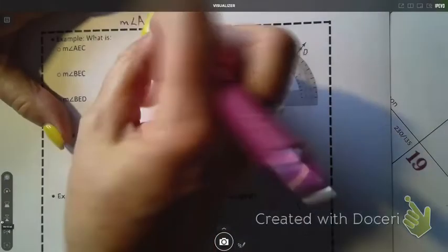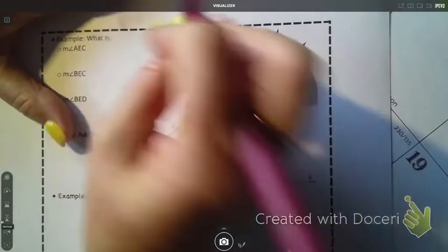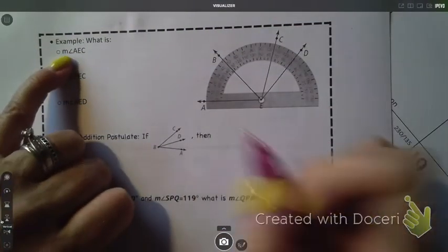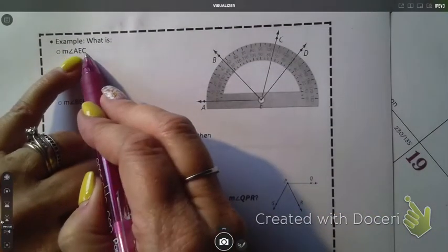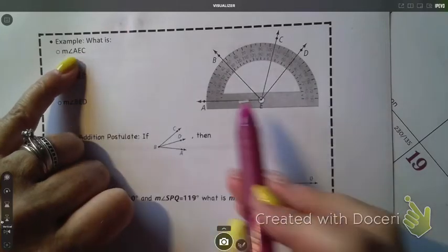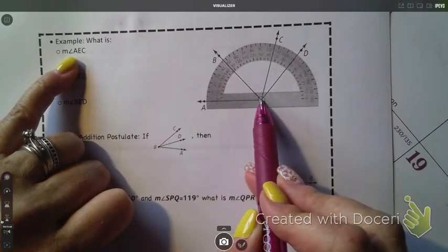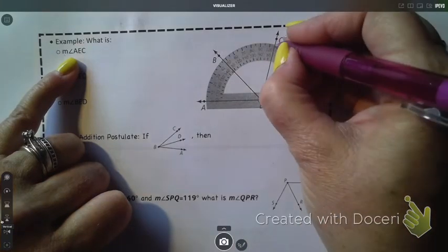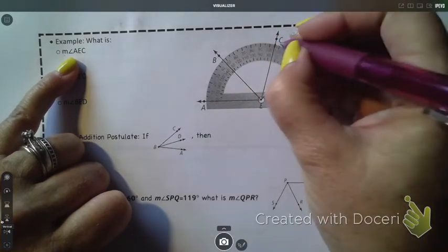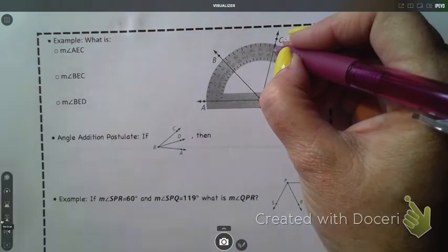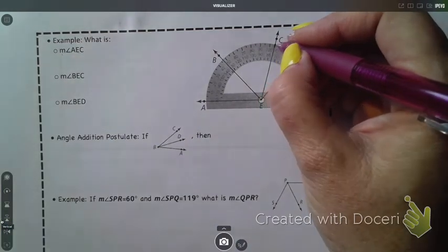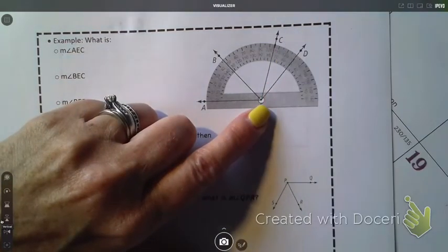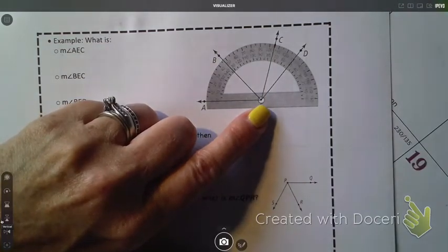Okay, can you look on your protractor and tell me the measure of AEC? Remember, E is the vertex. What do you get? It would be 105. You agree? I know it's a crappy copy. You definitely cannot see it looking at the board. You have to look at your paper.